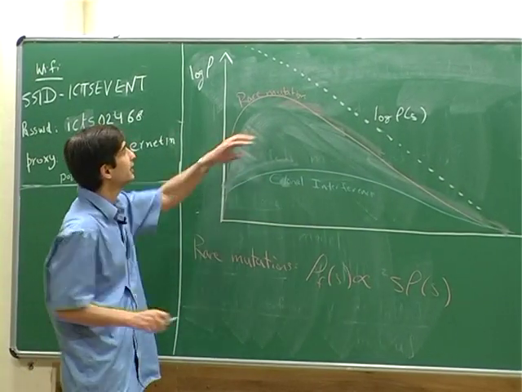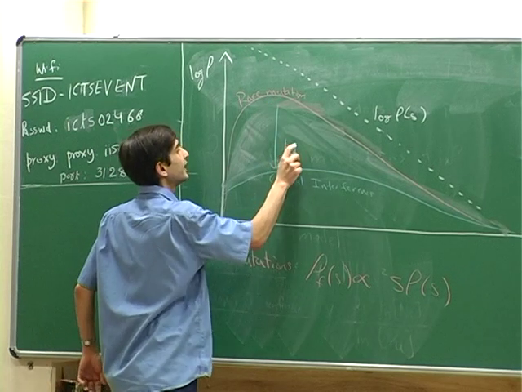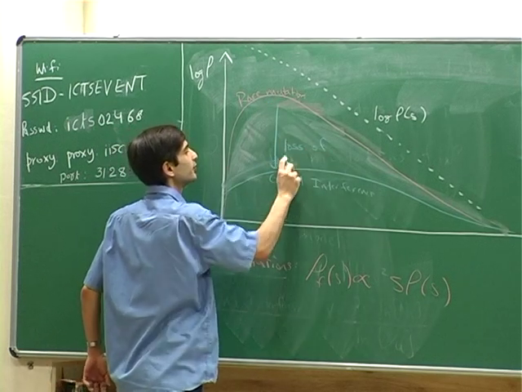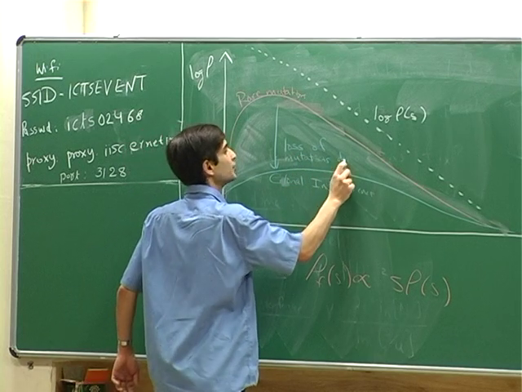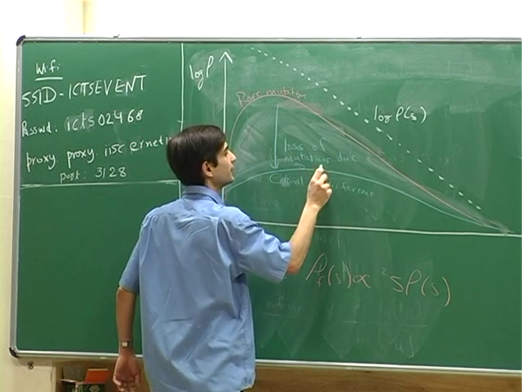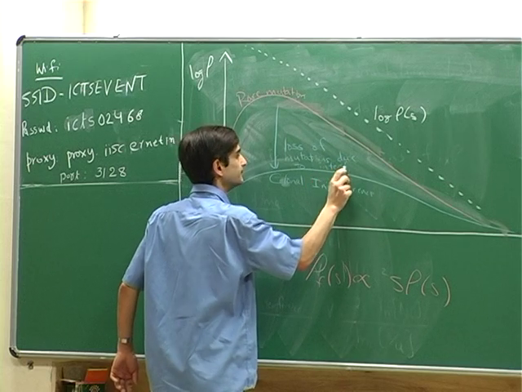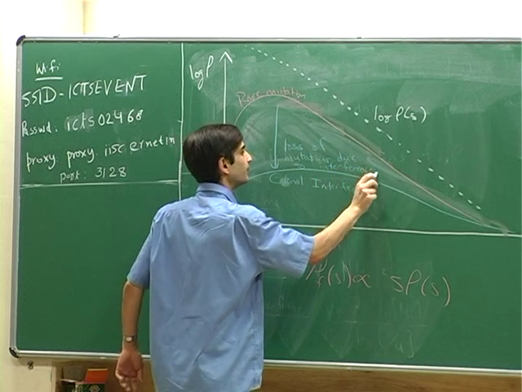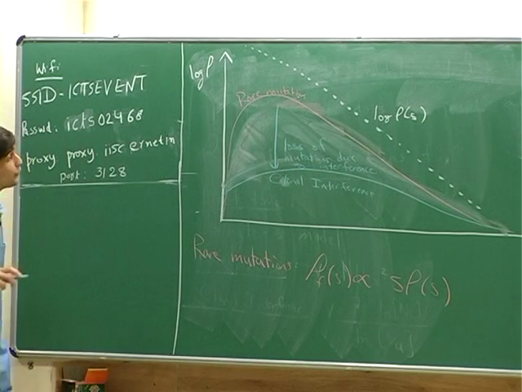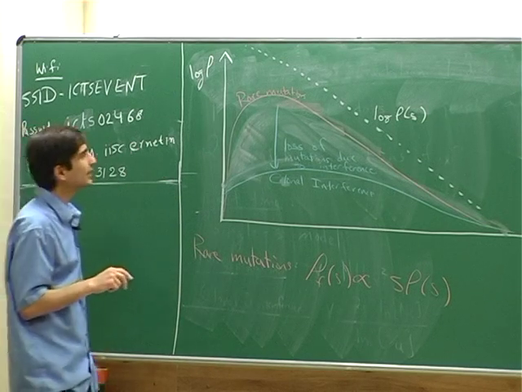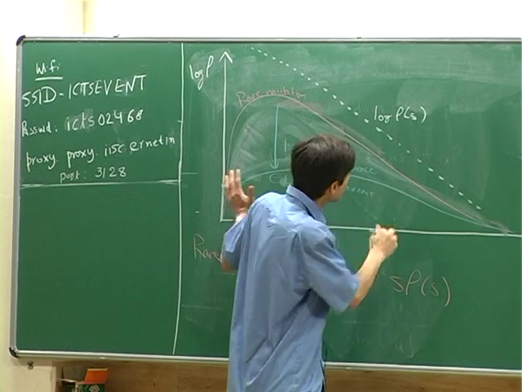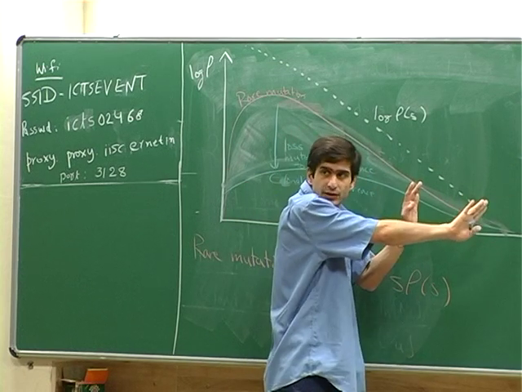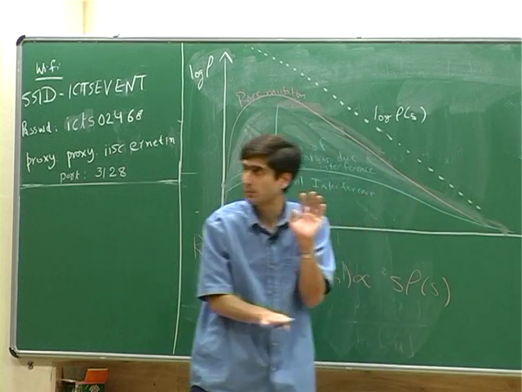And so this effect is the loss of mutations due to genetic drift. I'm sorry, due to interference. What you can see is that the stronger the interference is, the further over in this direction this distribution of fixed mutations becomes.